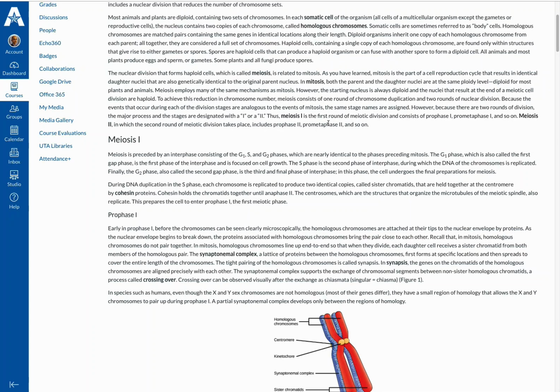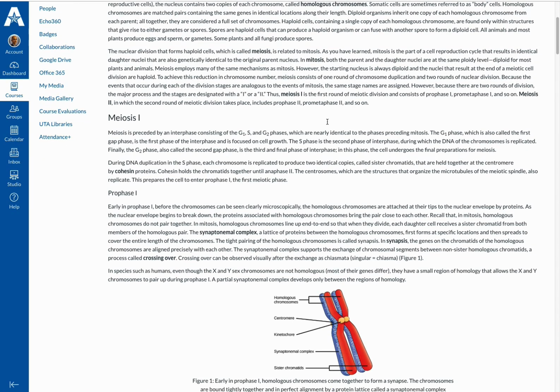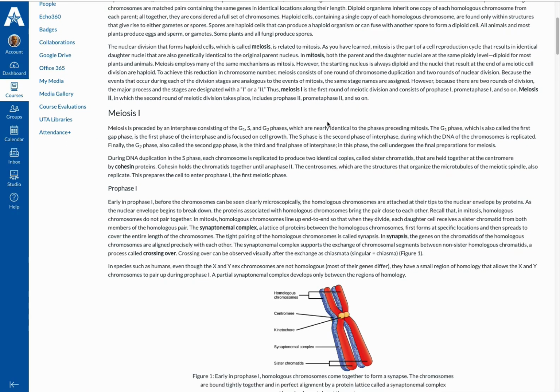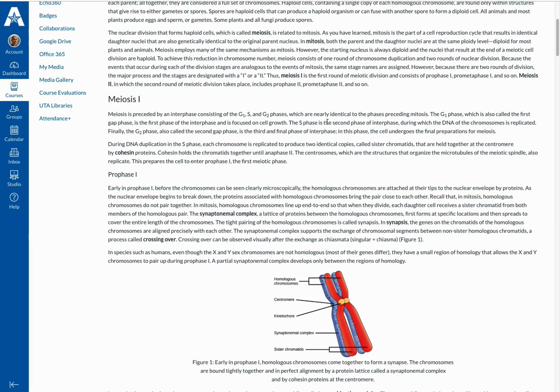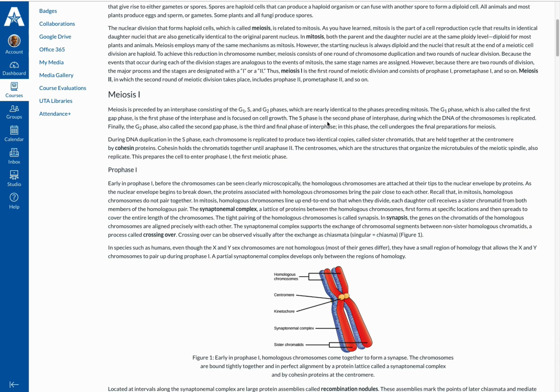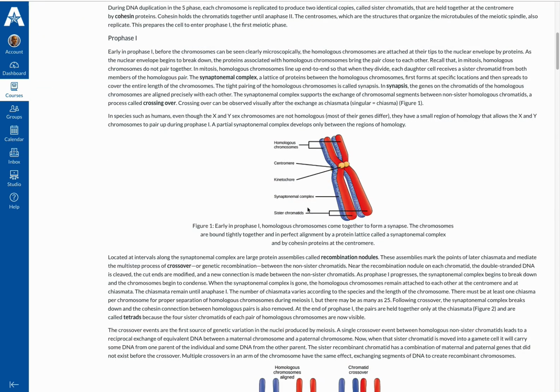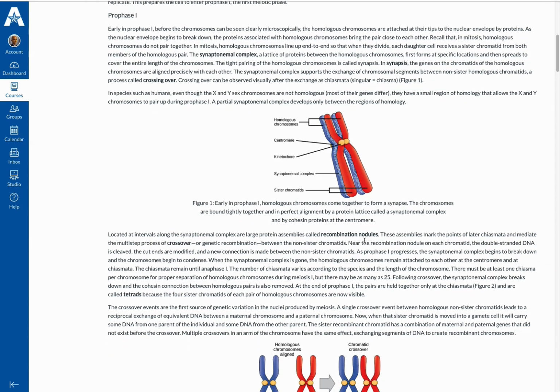So in meiosis 1, you have the replication of DNA, and after that DNA has been replicated, a process called crossing over happens, in which the homologous chromosomes come together and non-sister chromatids exchange DNA information with each other, and that's called crossing over.